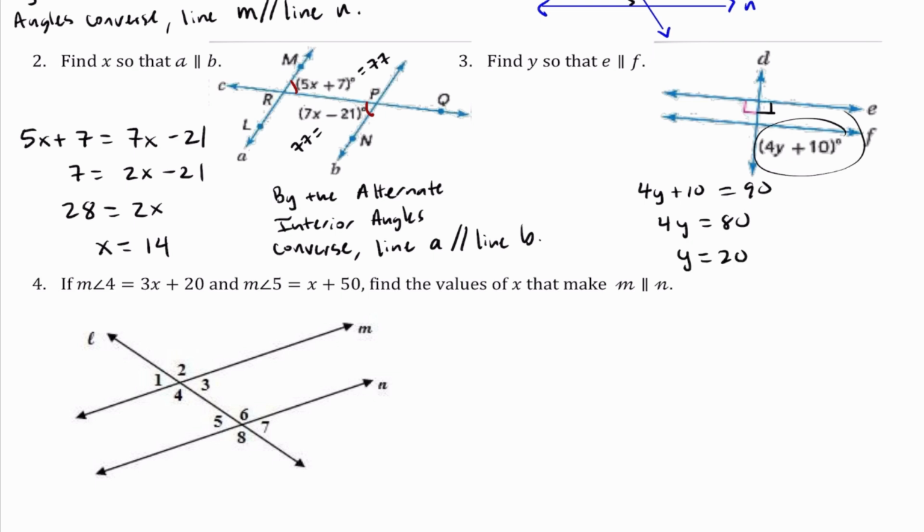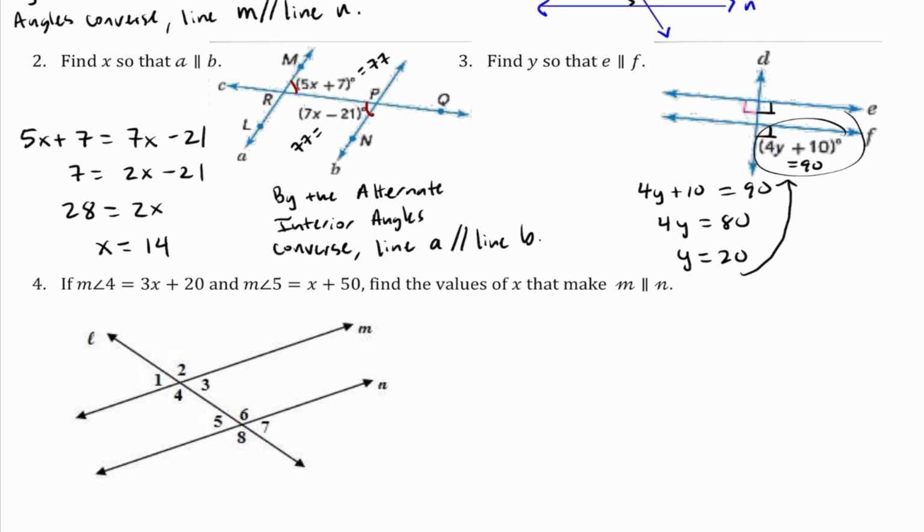So if I plug in 20 into 4y plus 10, I'm going to get 90 degrees. So that means I can draw the square to show that this line intersects this line at a 90-degree angle.